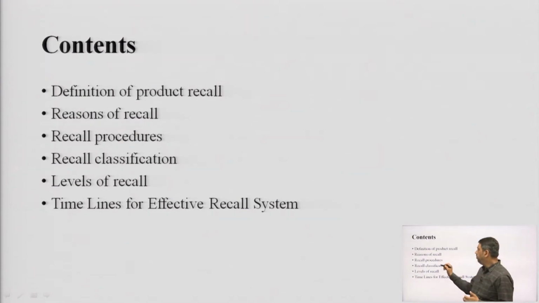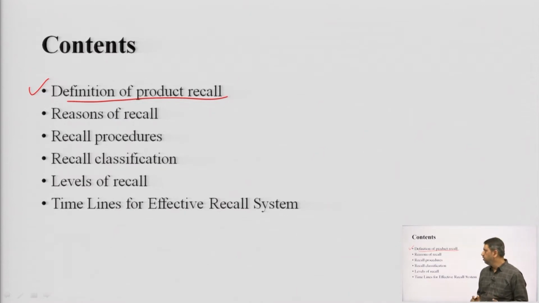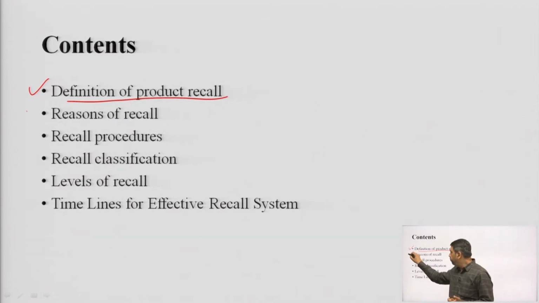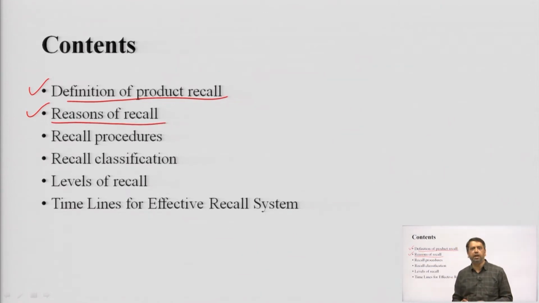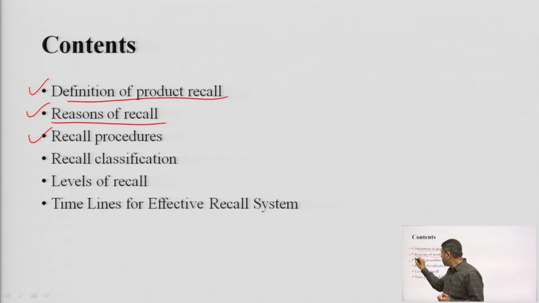The first thing we will discuss is the definition of product recall. What is product recall? Second, what are the different reasons for the recall of any pharmaceutical product? Other than these, what are the recall procedures?